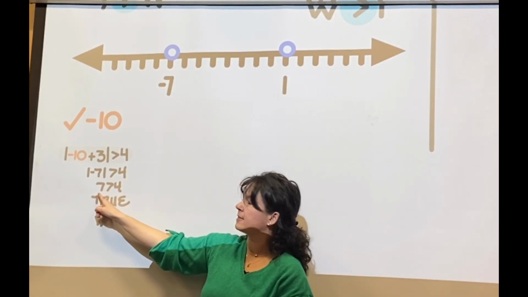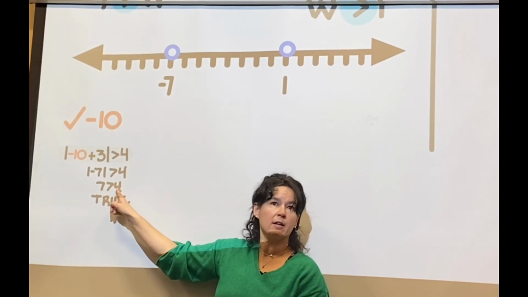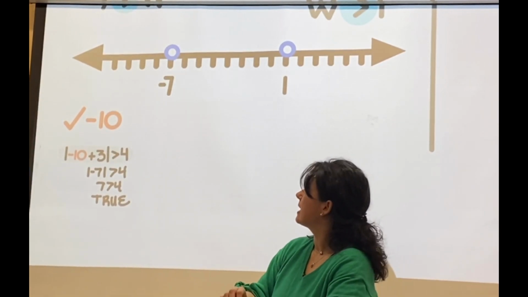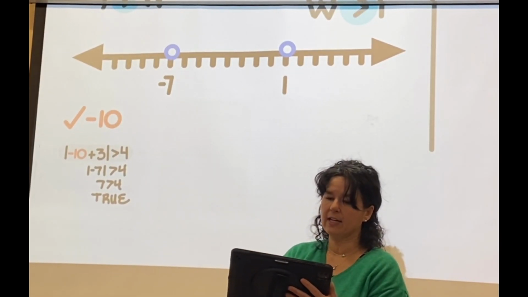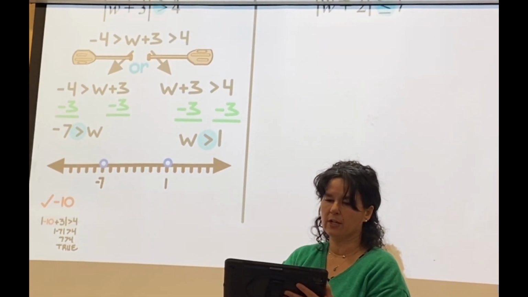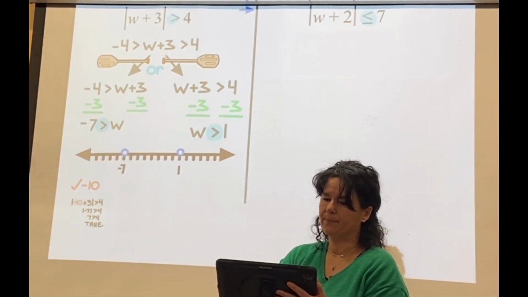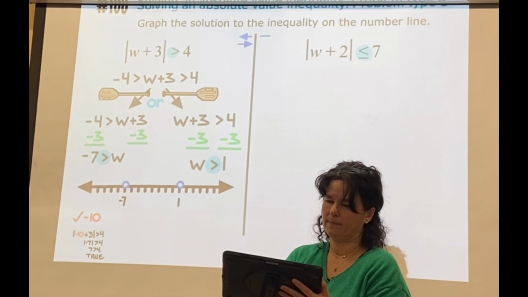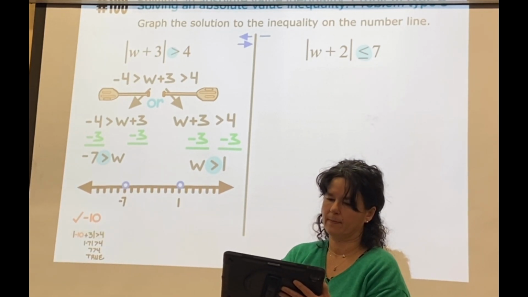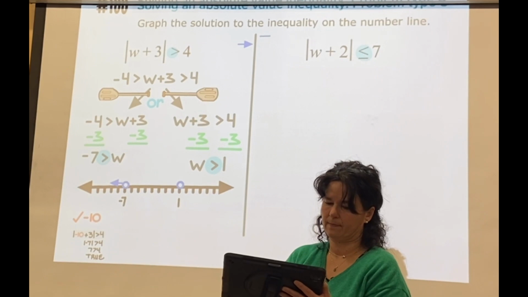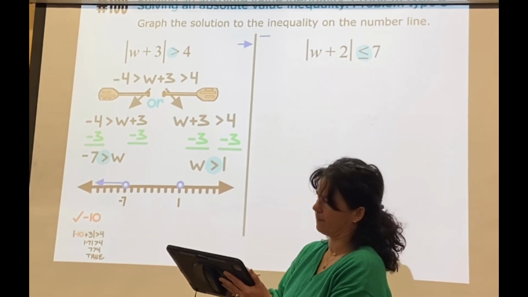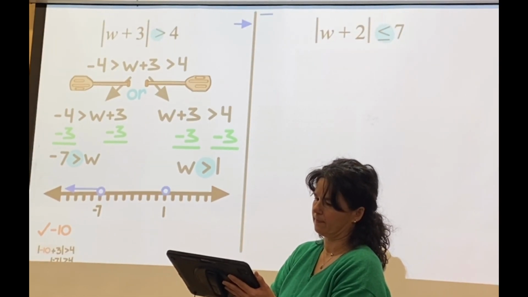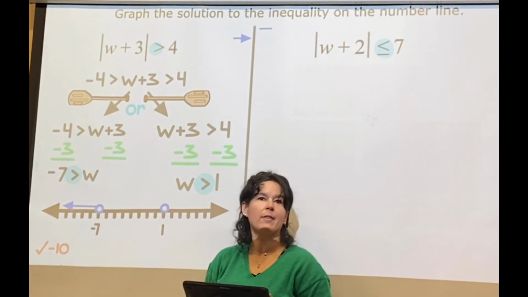The absolute value of negative 7 is 7, and 7 is bigger than 4. It's true. So what that tells me is every number to the left of negative 7 is a part of our solution. So to show that, I'm going to put an arrow going that way.